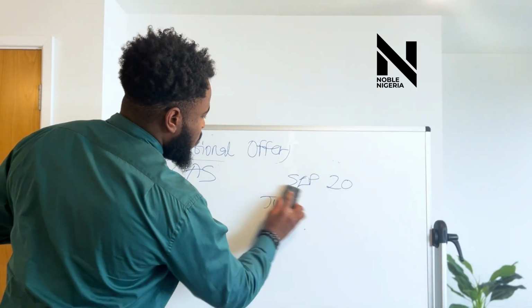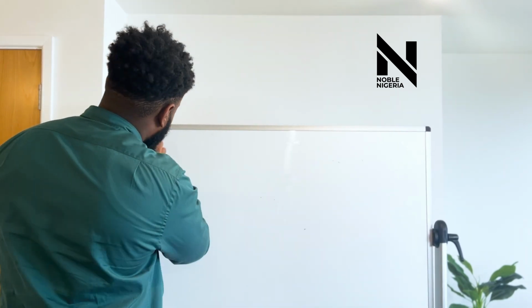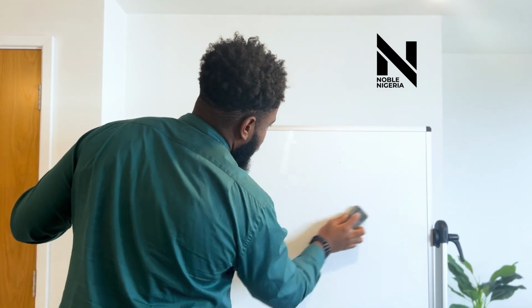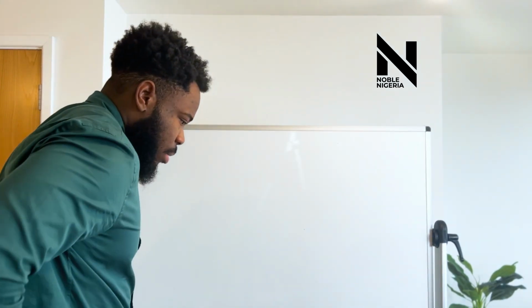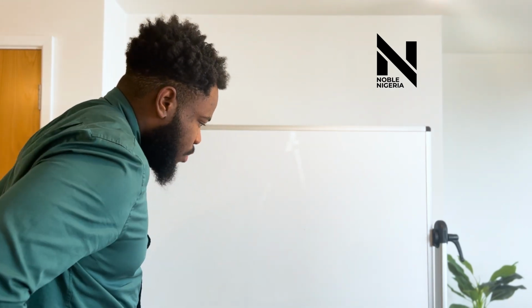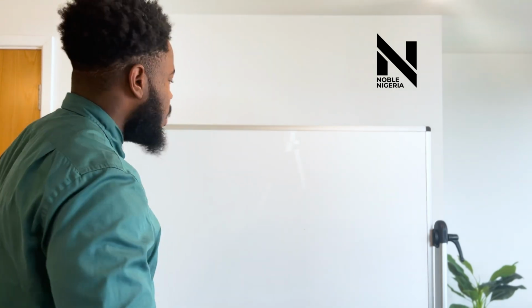Part 2 of this video has to do with how you apply for your visa. I'm going to use another marker now. So how do you apply for your visa? Part 1 of this video dealt with applying to the university for a course, applying for admission to a UK university.